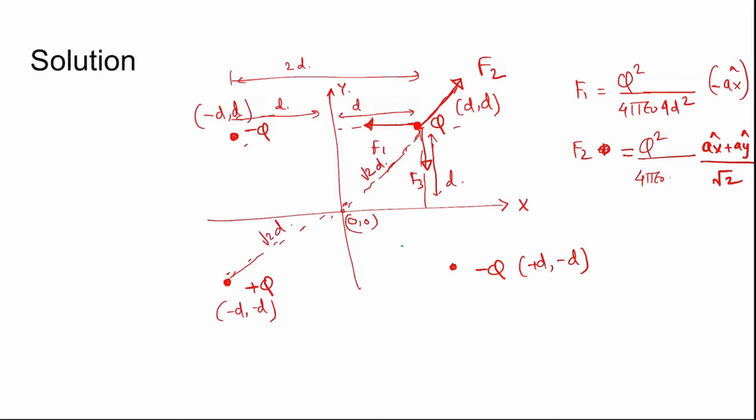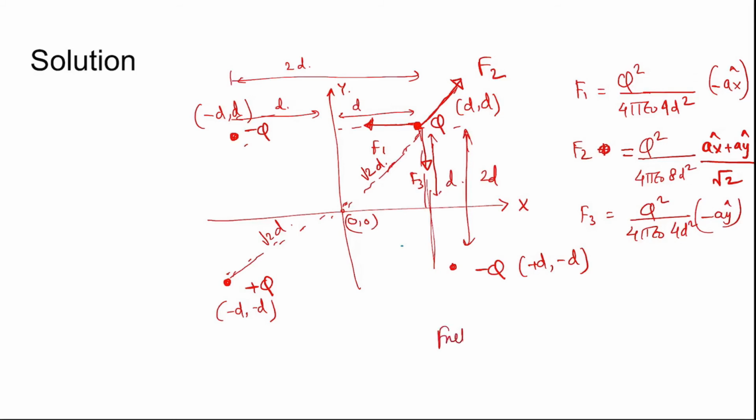So 2 root 2 d, that is whole square. So what is that? 8d square. Now f3 is along the minus ay hat, downwards, so minus ay hat. So q square by 4 pi epsilon naught, and this distance is 2d, so 4d square.